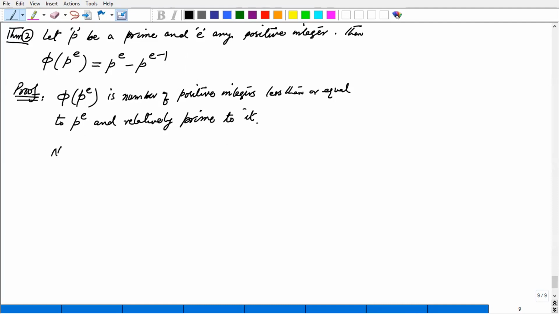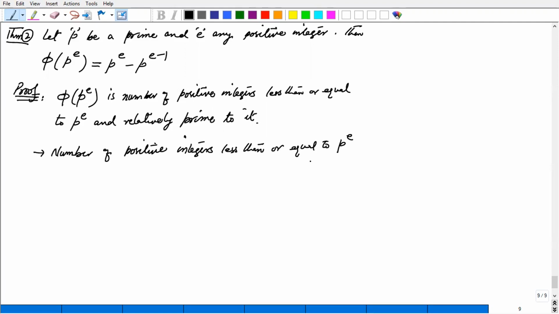One thing, the number of positive integers less than or equal to P to the power E. But we don't want all positive integers.